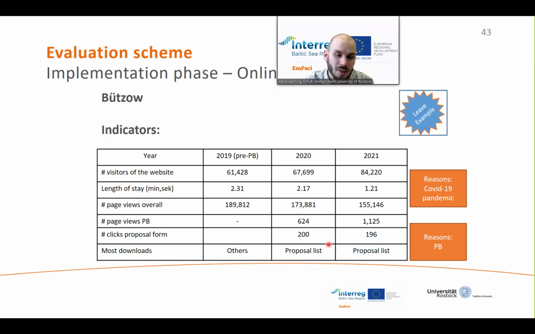So really seeing the list of what can be voted on is the most made download on the webpage of the municipality of Bützow. So you can see some part is pandemic related, but especially this part shows that the web page is increasingly used by the citizens because of the PB process.